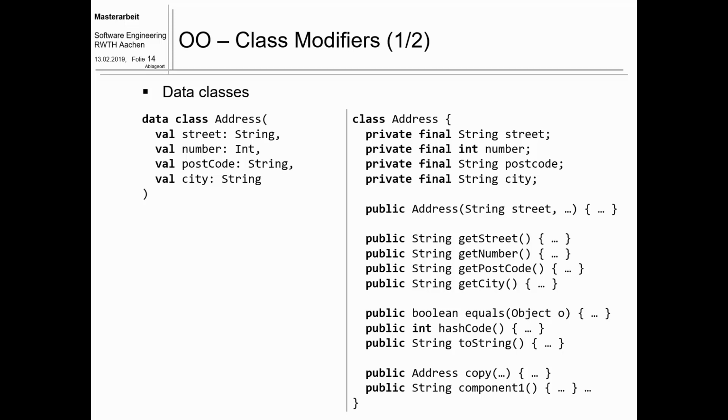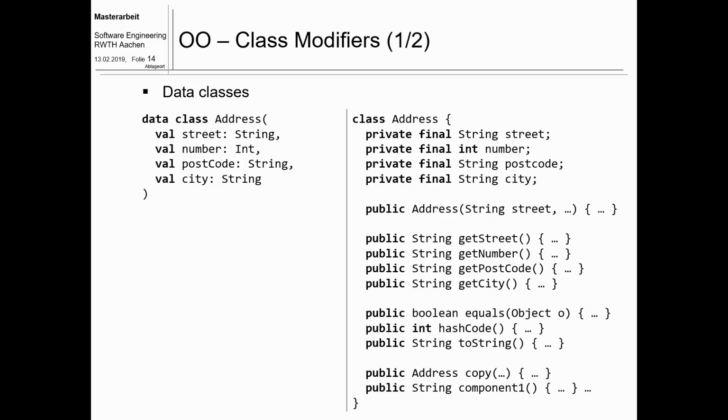It's also going to give you a copy method that allows you to easily copy objects of the type while also modifying some particular properties of the object. And it also generates componentN methods. So for instance, in this case, these would be component1, 2, 3, 4. And these are used by Kotlin in order to enable the feature of object destructuring.